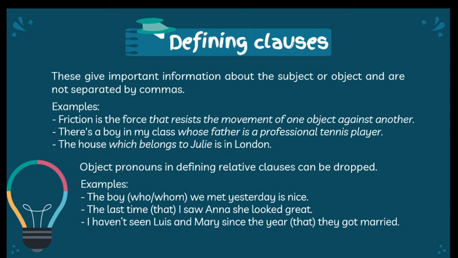The boy who or whom we met yesterday is nice. In this sentence, we cannot use who or whom. And we can say, the boy we met yesterday is nice.